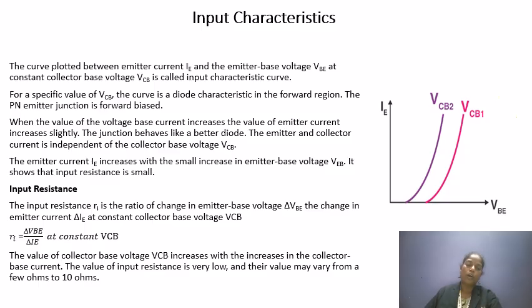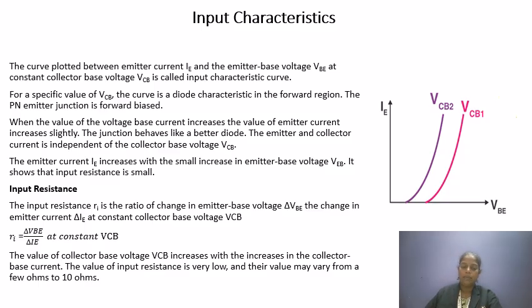Therefore the formula is Ri equals VBE by IE, since the base is common, with the output voltage VCB constant.